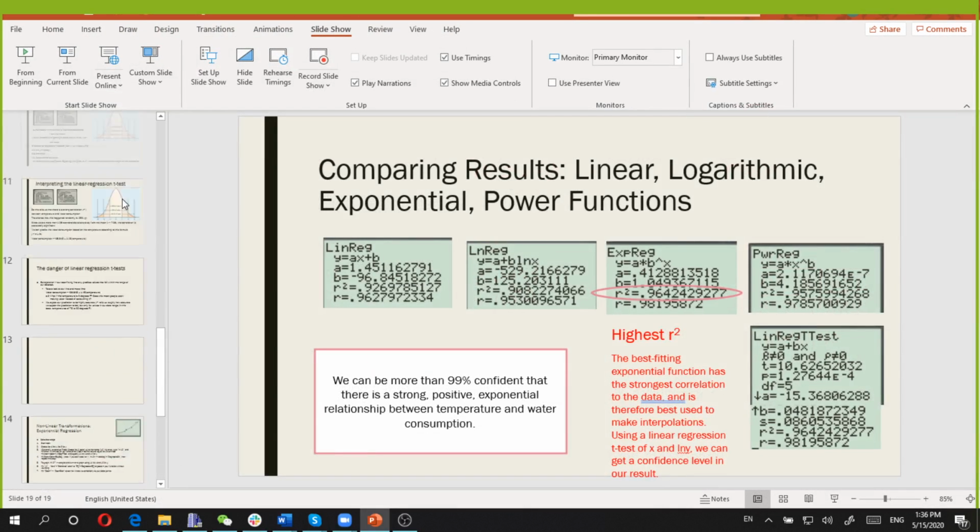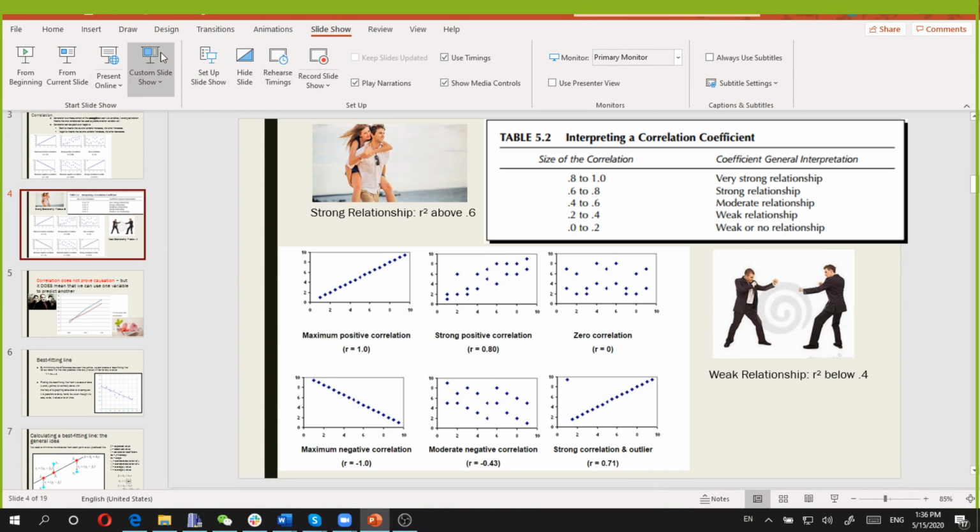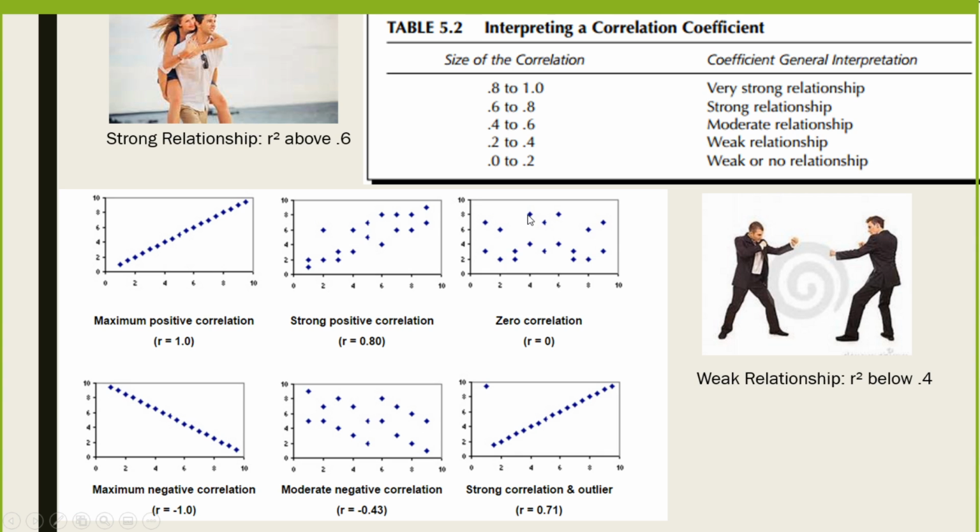If we have a perfectly strong correlation, then everything is in a pattern.